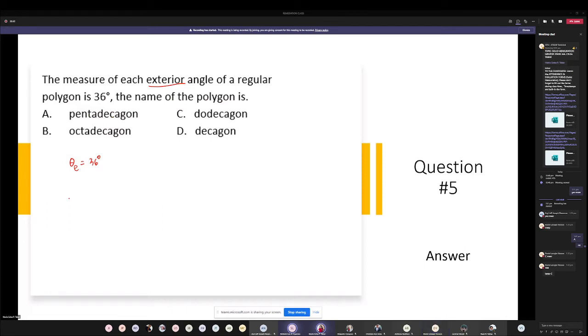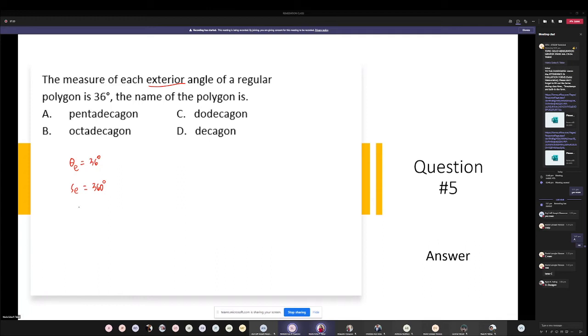So from the formulas given in one of the previous slides, for all polygons, the summation of the exterior angles is always 360 degrees. Regardless of how many sides the polygon has, the summation of all the exterior angles is always 360.